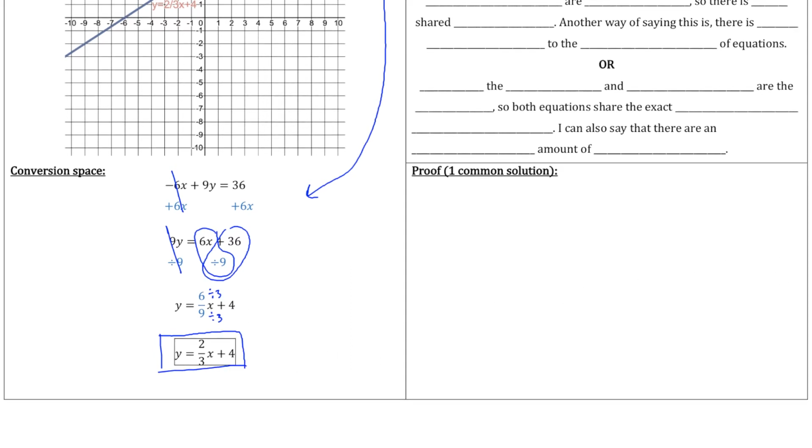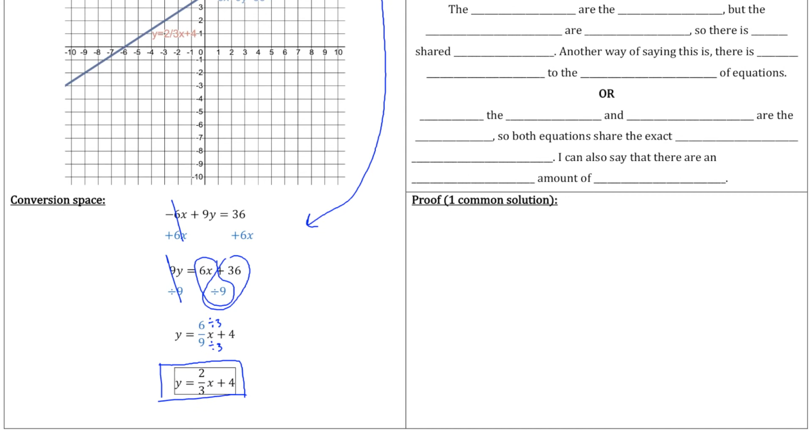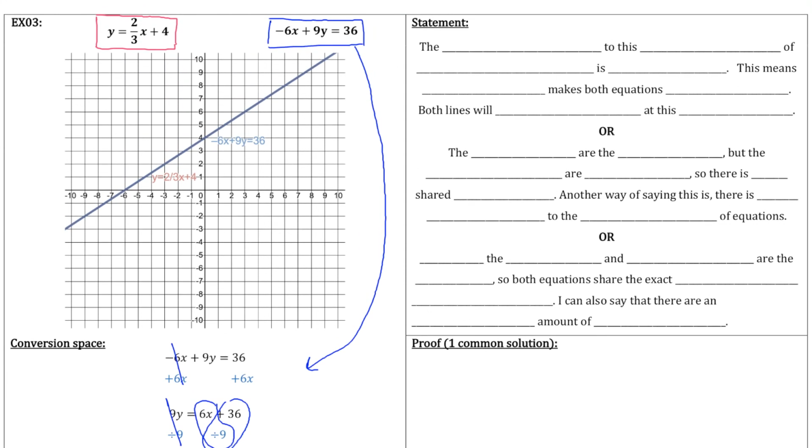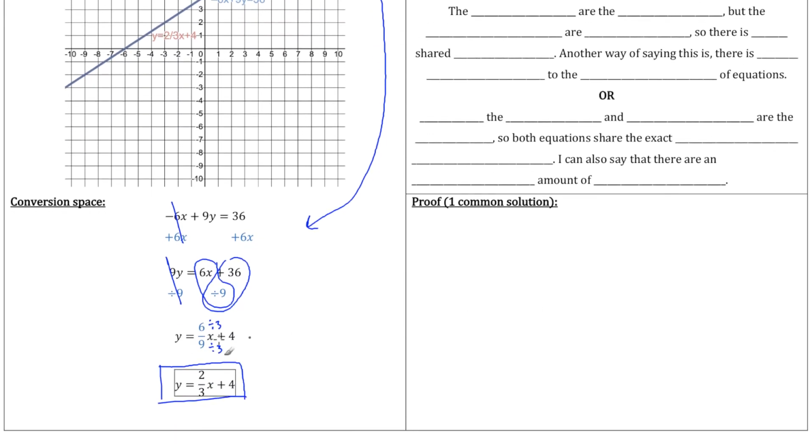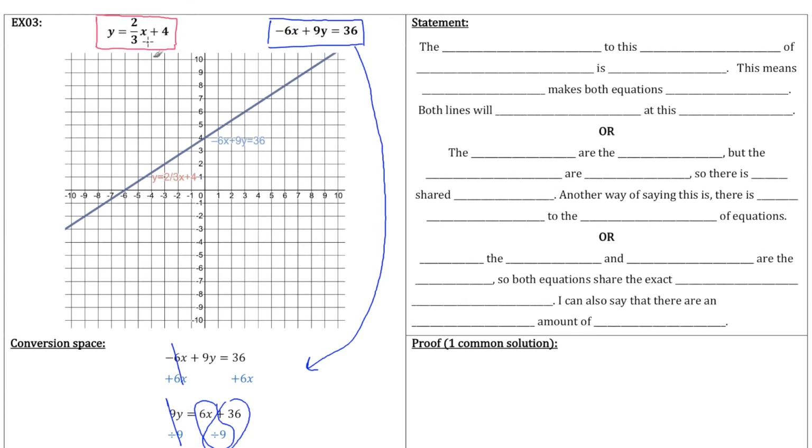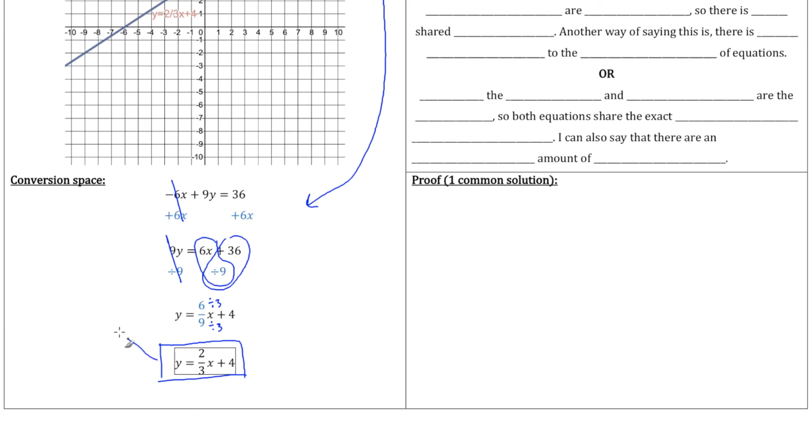So I had these 2 equations, and then I converted one. If you notice though, y equals 2/3 x plus 4 came from this one, but it's actually the same as this one right here. So I'm going to draw an arrow.